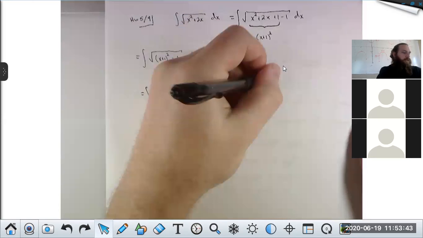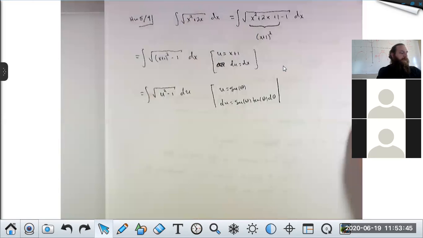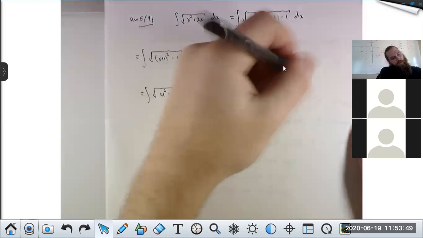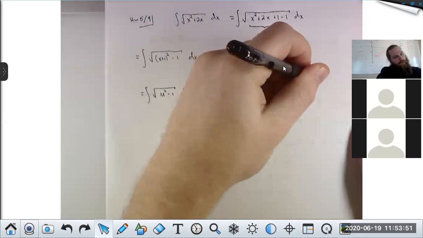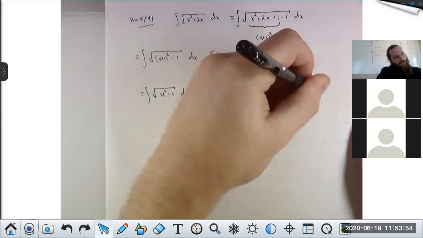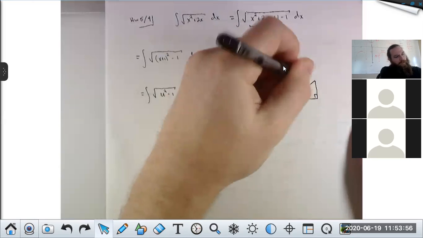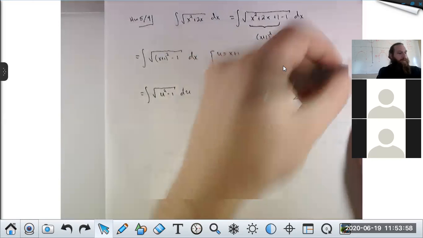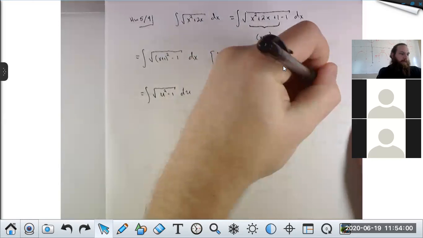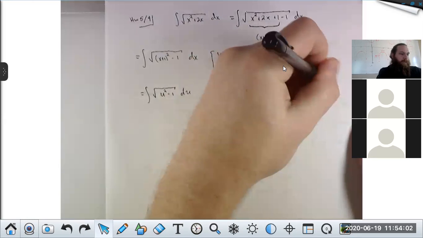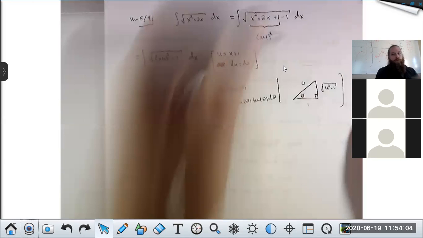And we can draw our triangle. Secant is the hypotenuse over the adjacent. So that's u over 1, and that makes this the missing piece, the square root of u squared minus 1. So there's the trig sub.